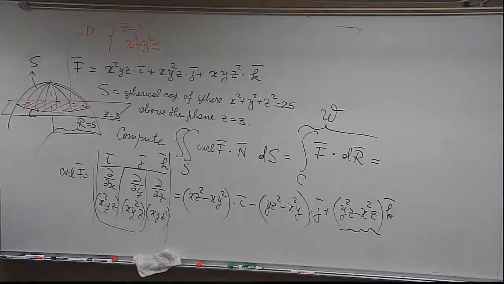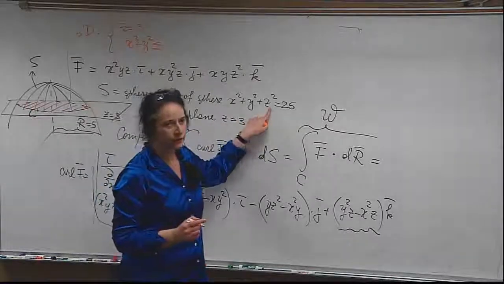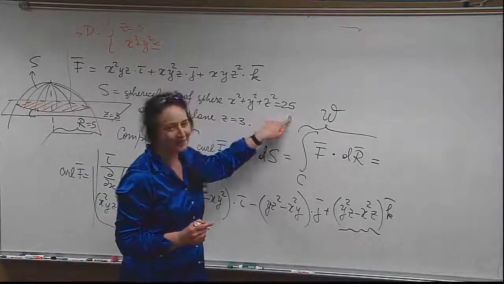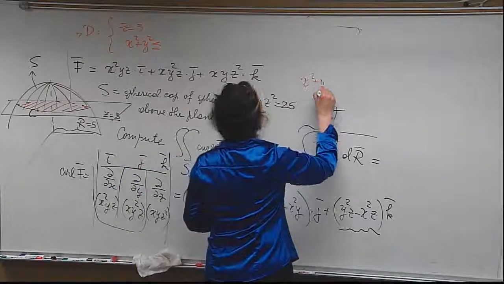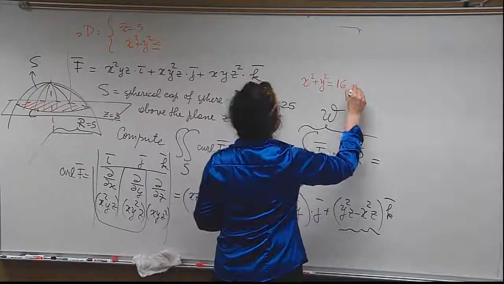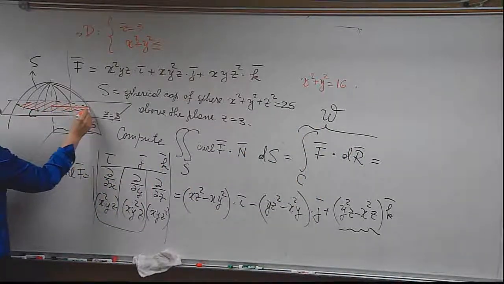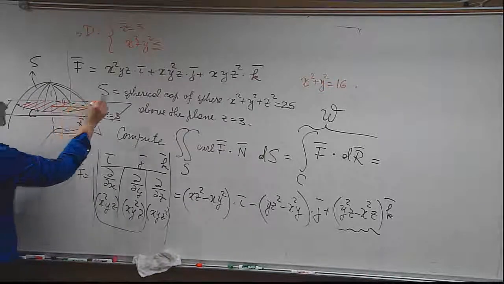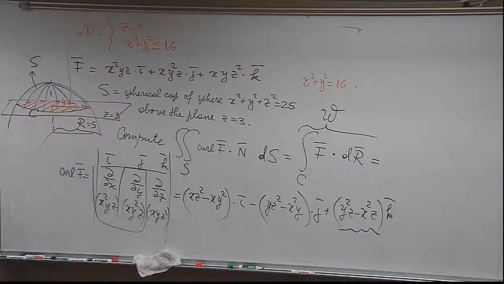So how do I know? I will just plug in 3 here. 3 squared is 9. 25 minus 9. So I get x squared plus y squared equals 16. So the radius of that orange domain will be 4.